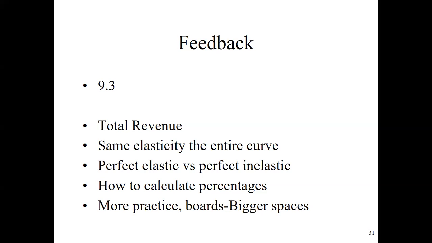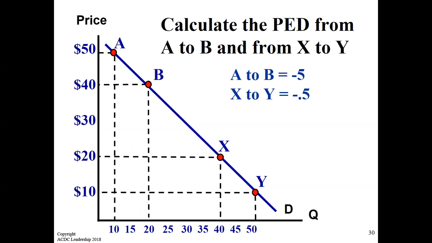How to calculate percentages? That's just the new minus the old, over the old. Going from A to B, the new is 40 minus the old, the former price, 50, over the old, which is 50. So that gives you 10 over 50.